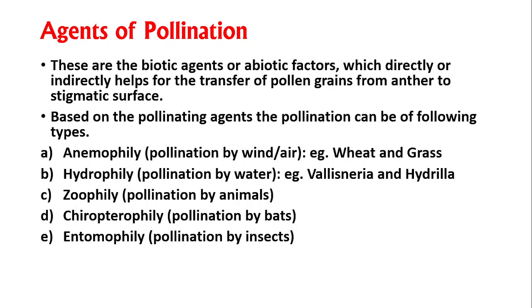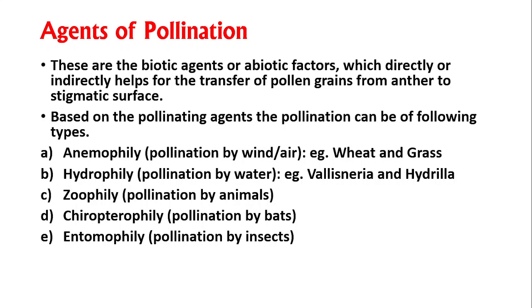Right. So, coming to the next one, that is hydrophily. By the name itself, you can easily recognize what it is. It's the type of pollination in which the pollinating agent is again an abiotic factor, water. If water helps in the transfer of pollen grains from the anther to the stigmatic surface, then it is called hydrophily.